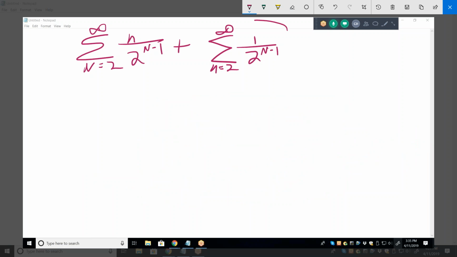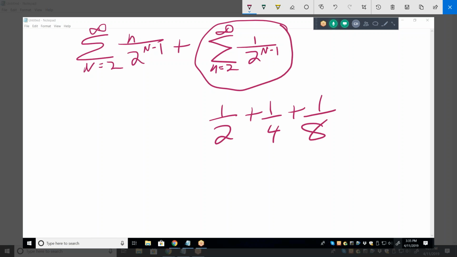Let's talk about this series here. That is the following series. Now, there's a relatively easy way to figure out what that series goes to. And this is how you do it. You draw a square. That represents 1. The first term takes half of that.